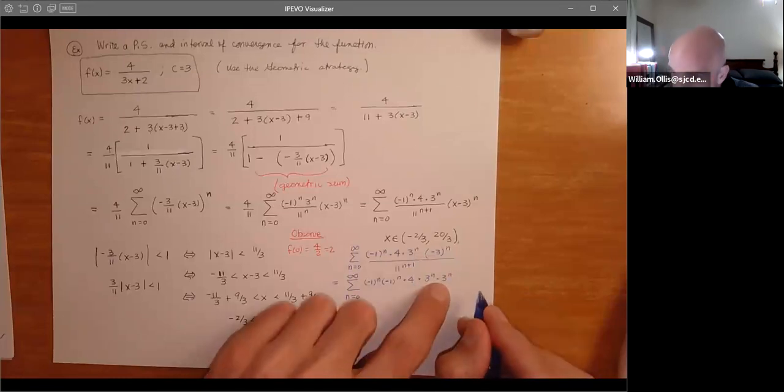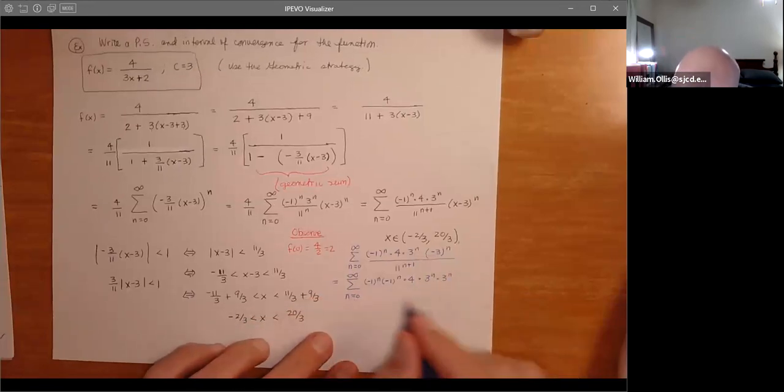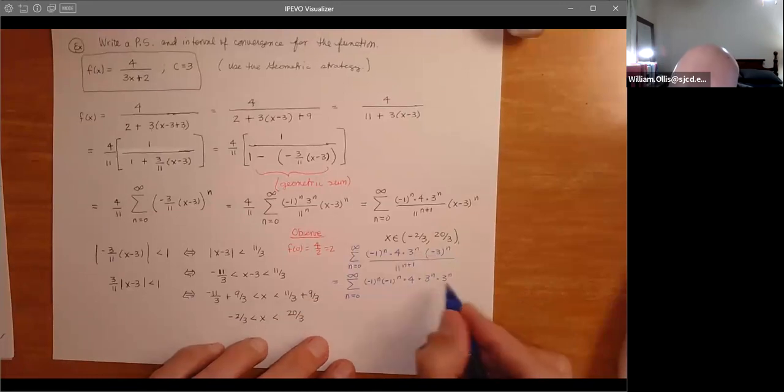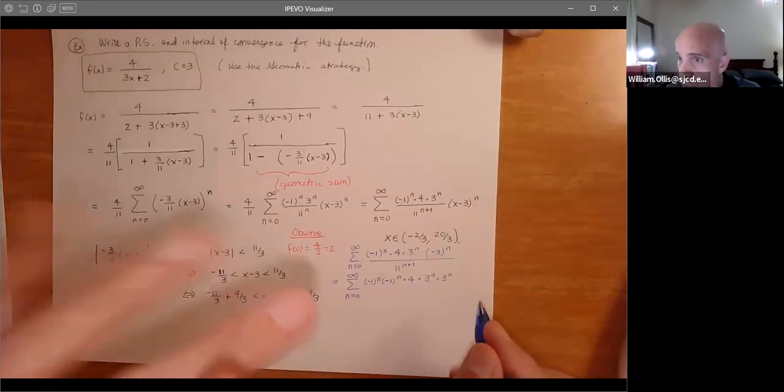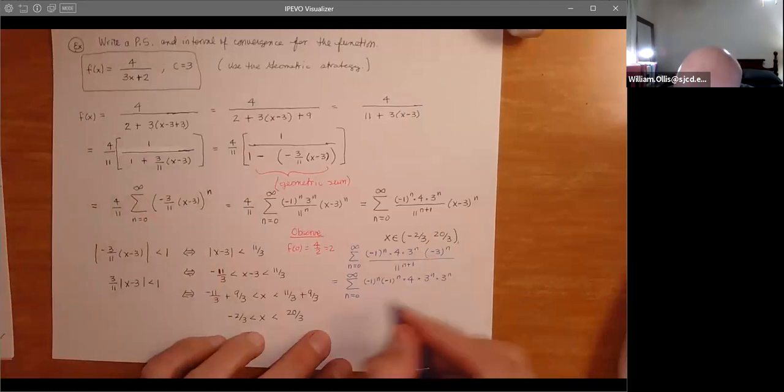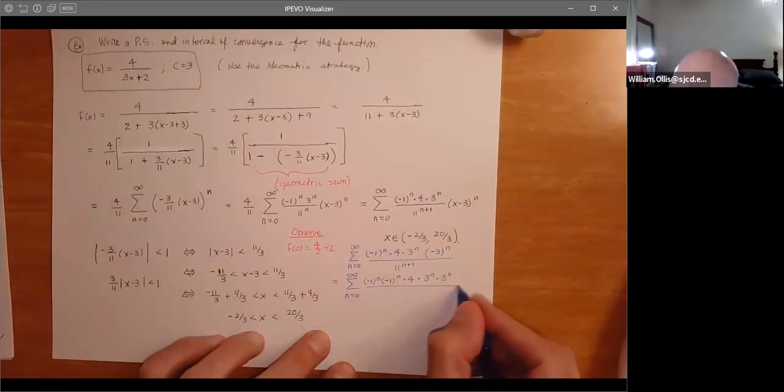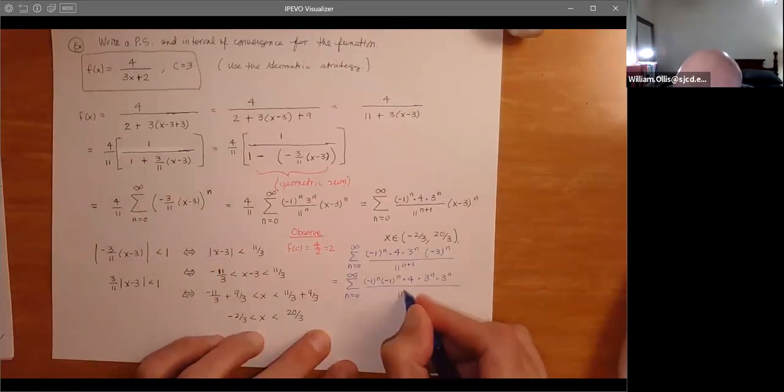So that's going to be 3 to the 2n. So let's just see what we have, or we can just do 3 squared, which is 9, divided by, and I'll write this since we're going to have a power here of n times an 11.